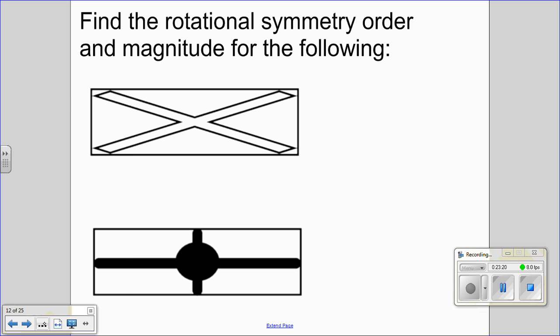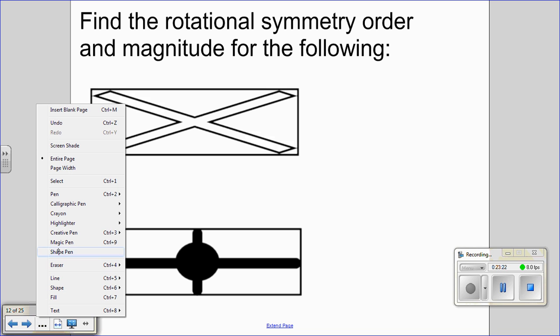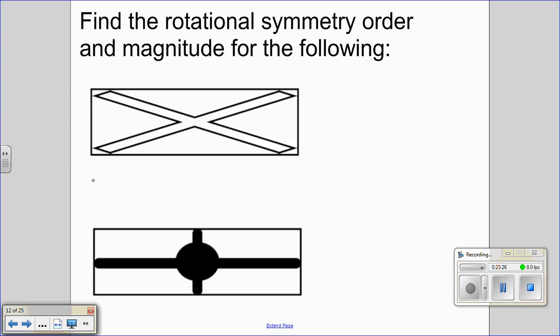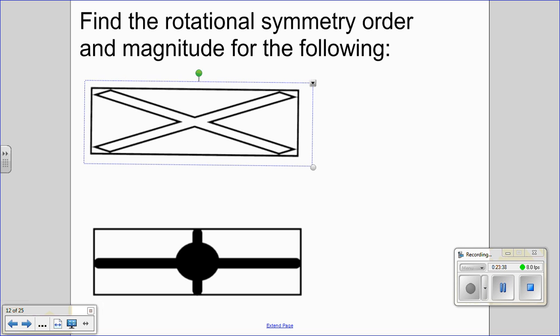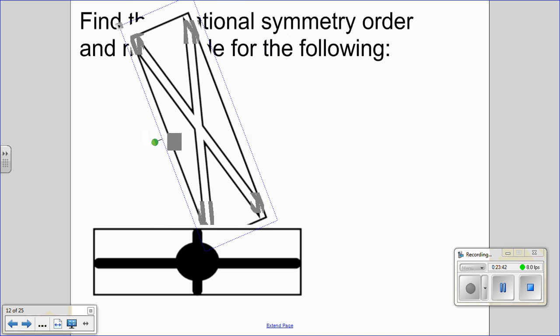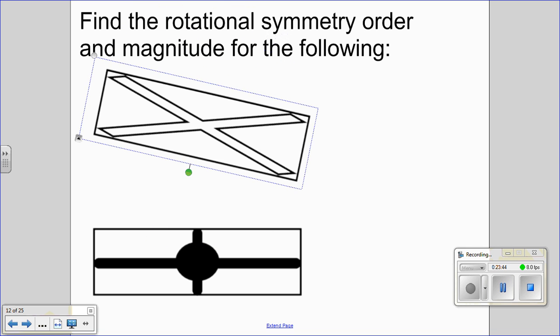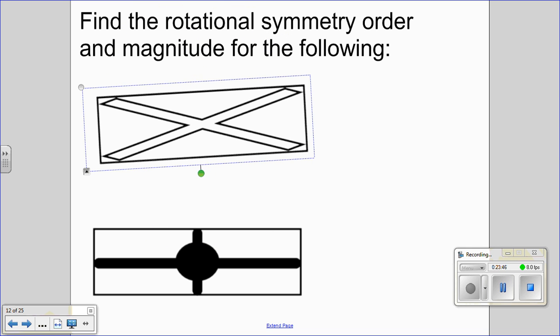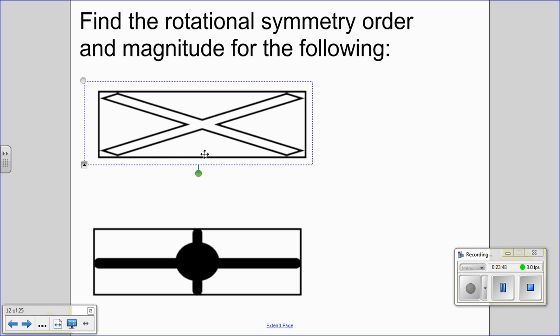On this one, they want to know if it's possible to find the rotational symmetry. A figure will have rotational symmetry if you're able to rotate it 360 degrees and for it to look like it started. So if I take this picture, this is the original position, and start rotating it 360 degrees, this isn't the first time where it looks like it started.